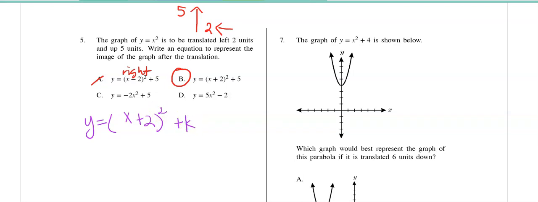So what happens when you see the equation written like this is that this number is telling you the shift left and right, if it shifts left or right. And it's actually the opposite of what you think. Right is a negative and left is a positive. So left is actually a plus right here. There's your left shift, okay? And then again, the last number is still going to affect your shift up and down, okay? Any questions there?